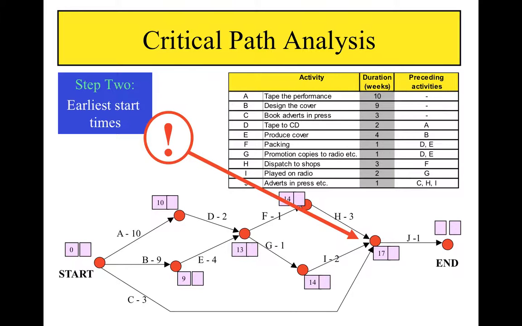Or with activity C from the start, 0 plus 3 is 3. Remembering to pick the largest of these values, 17, since activity J cannot be started until everything which must precede it has been completed, we write 17 in the earliest start time box.